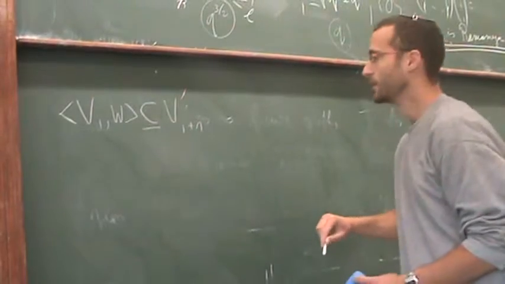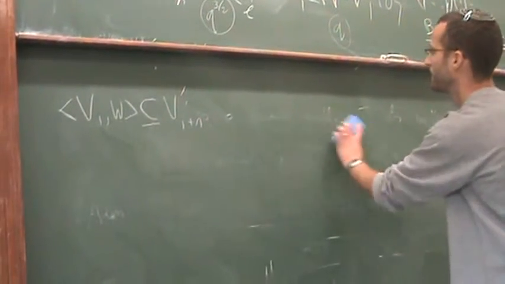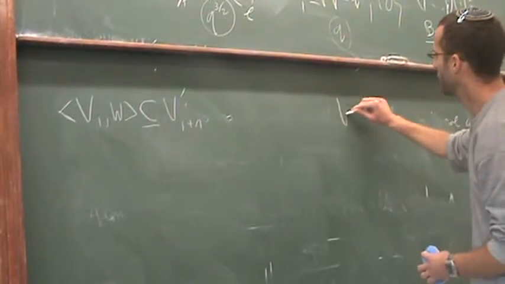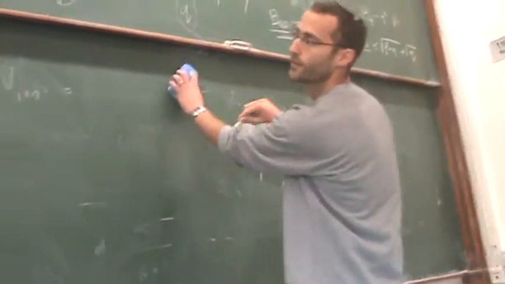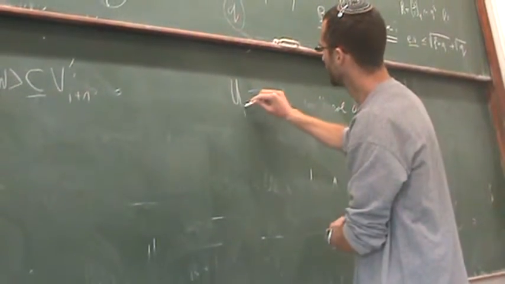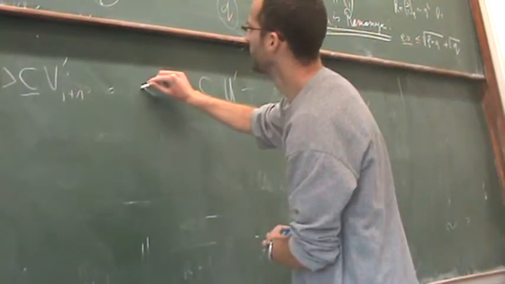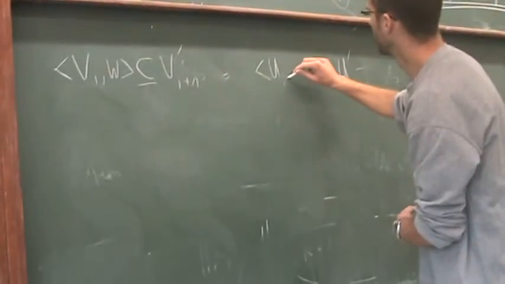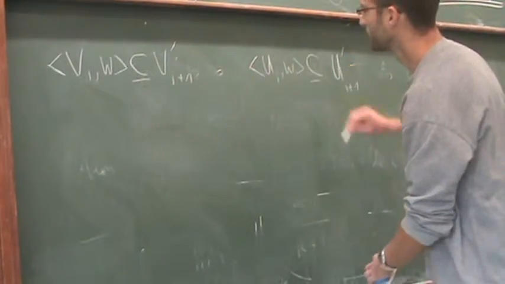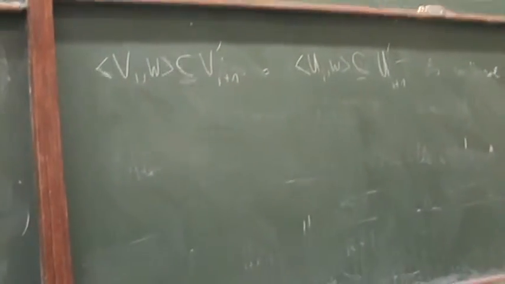Okay. And similarly, I replace U_{i+1} with U_{i+1} prime, which contains U_i and W. Okay. These are the new ones.